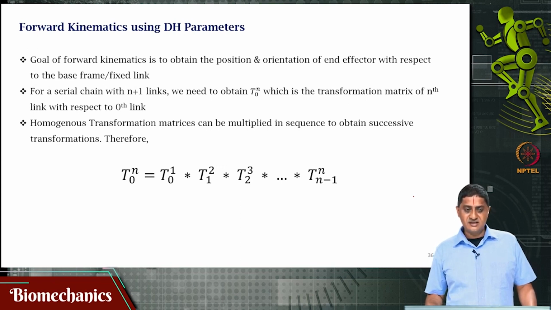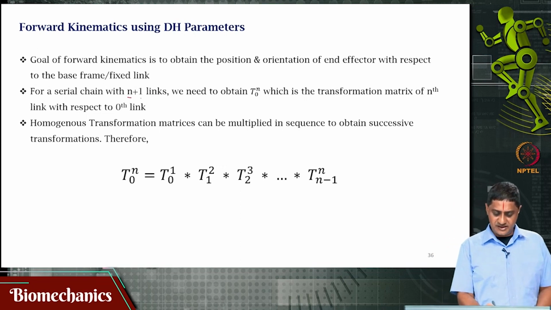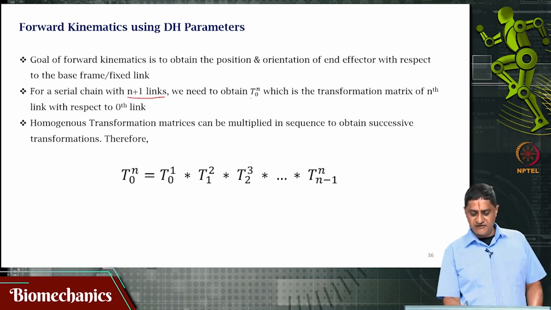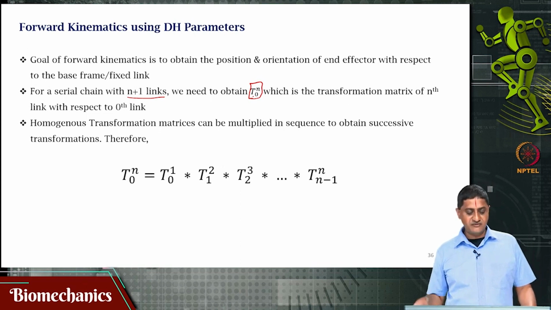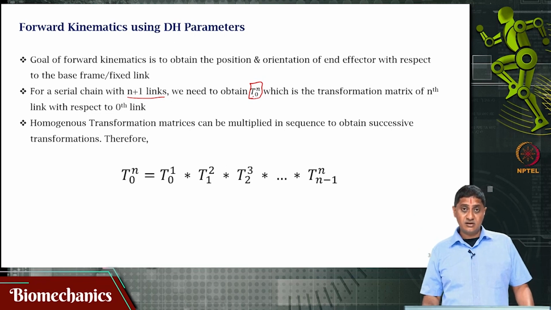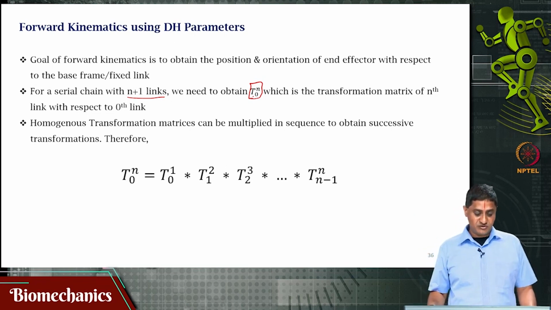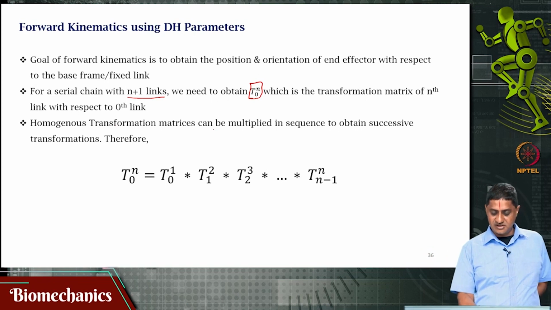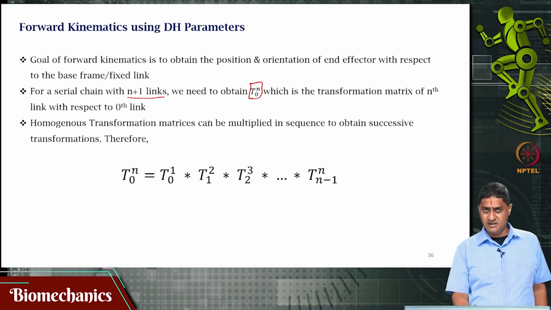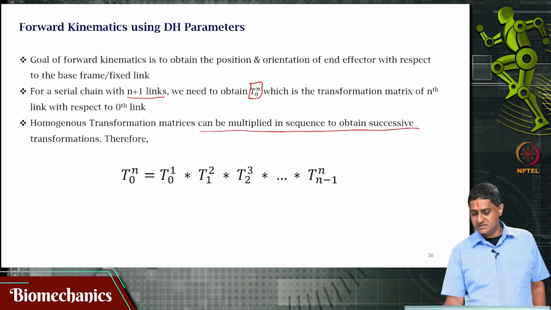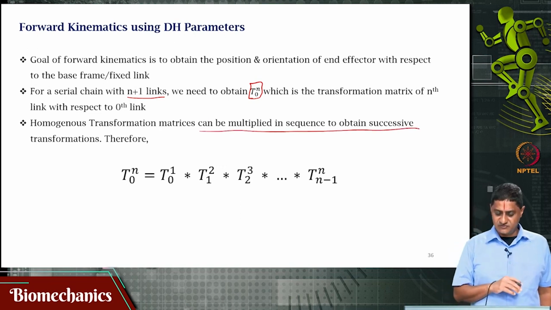If there is a serial chain with n plus 1 links, I am interested in finding this T0n, which is the transformation of the nth link with respect to the 0th link. That would mean that there are many matrix multiplications that I will have to perform. Homogeneous transformation matrices like the one that we saw in the previous slide will have to be multiplied in sequence to obtain the transformations.